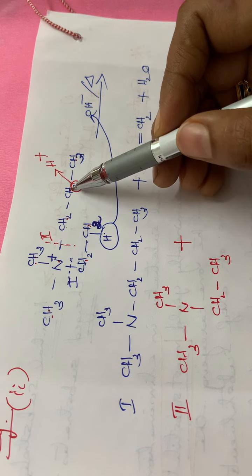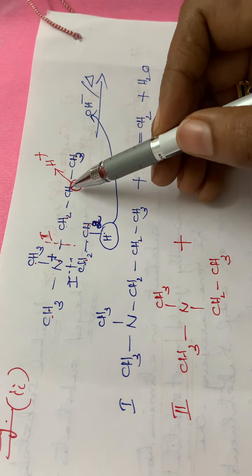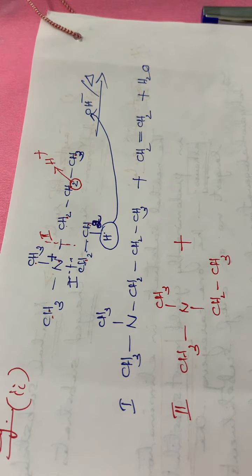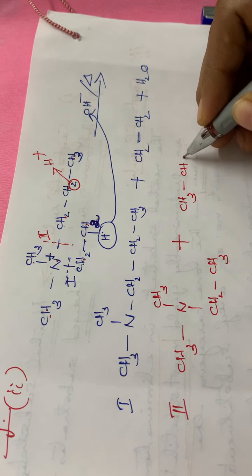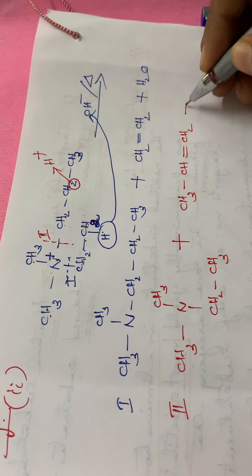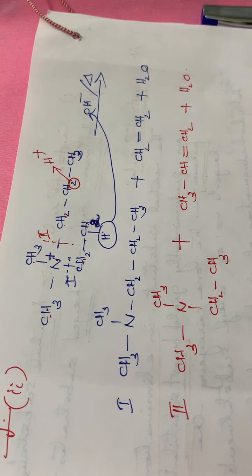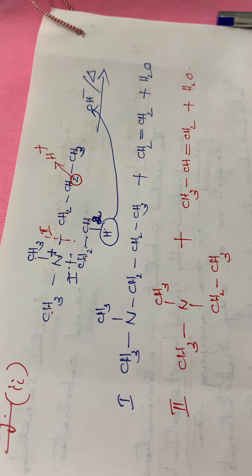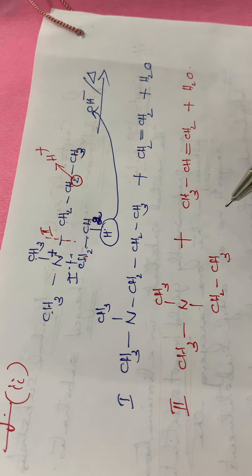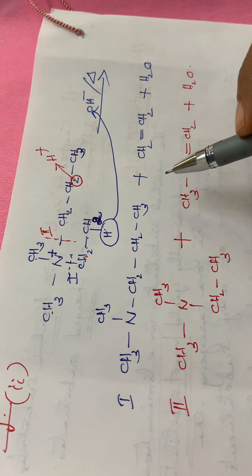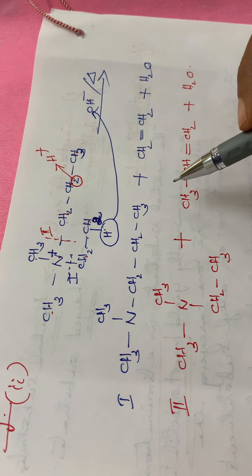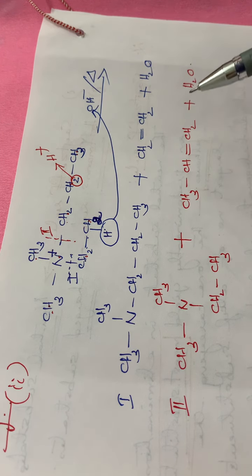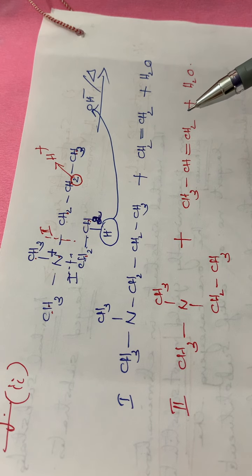From this position H plus will be eliminated, so it becomes CH3 CH double bond CH2 plus water. Okay, so these are the two products formed as a result, and also here you have to apply the Hofmann's rule. So according to Hofmann's rule, what will be the major product? The least substituted alkene will be the major product.